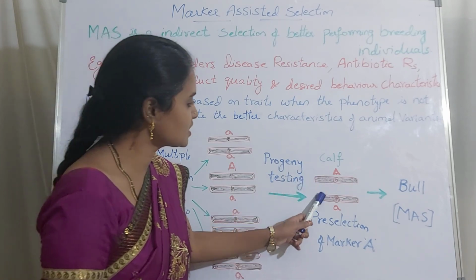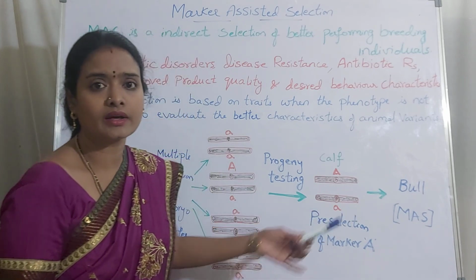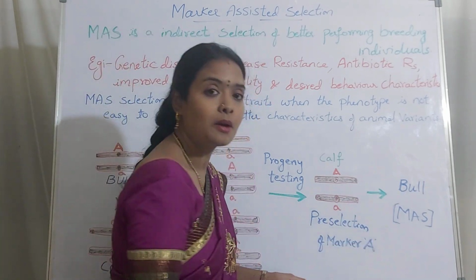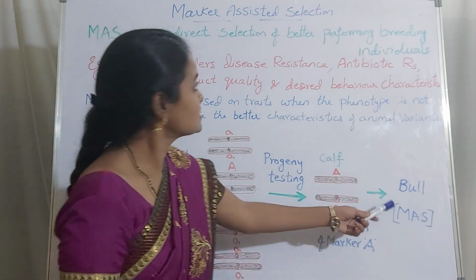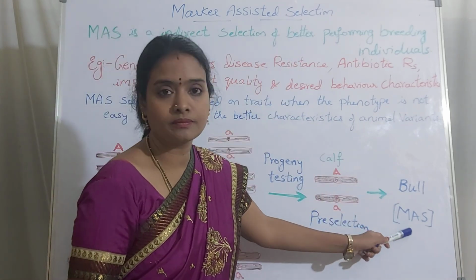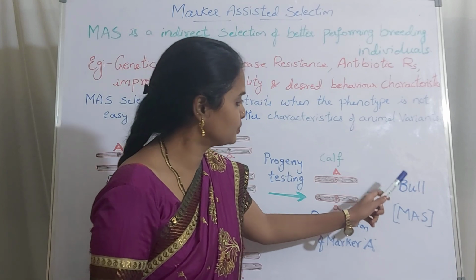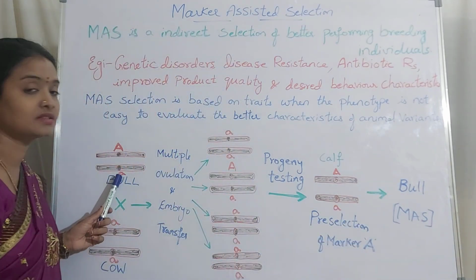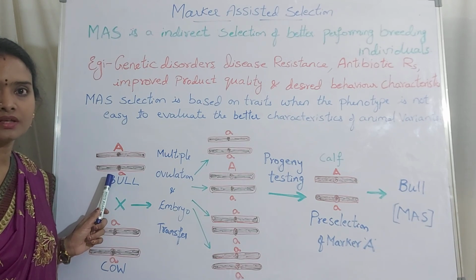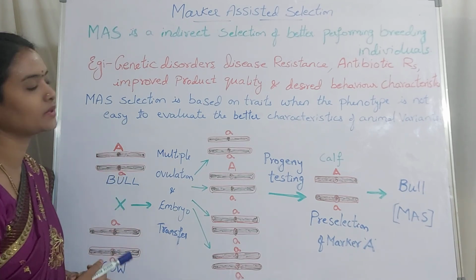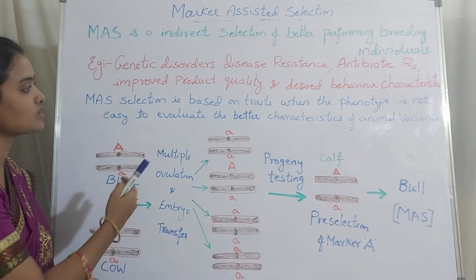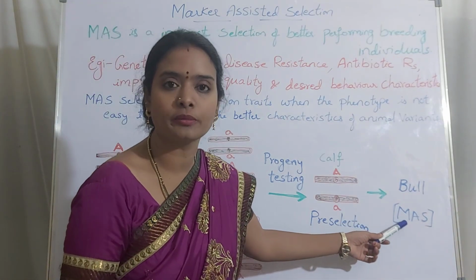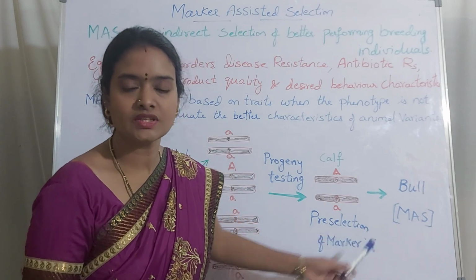Now this calf grows into a completely mature animal, the bull, and this is referred to as the marker assisted selection bull. This bull will have all the superior qualities present in the male parent. So this is an indirect method of using markers to produce better performing breeding animals. Is that clear?